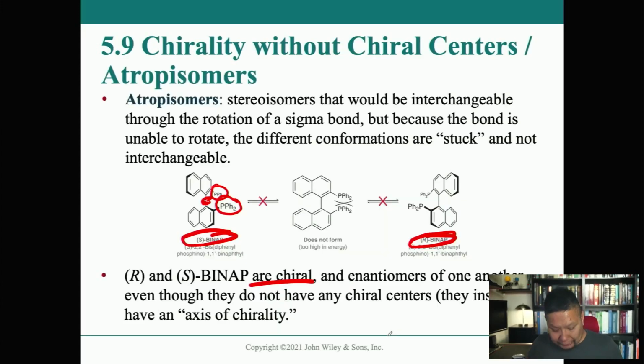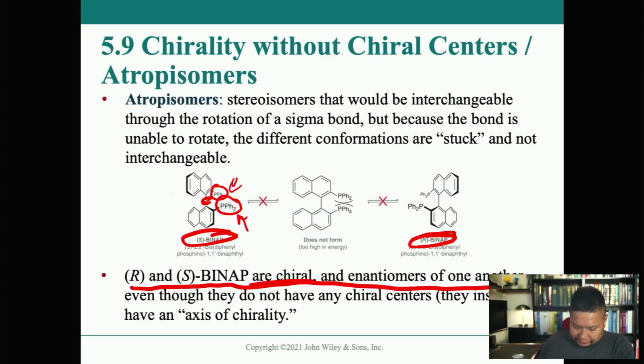In BINAP, technically, it has a single bond, like in methane, so it can rotate and make it not chiral anymore, technically. But there are groups on it, like these phenyl groups right here, that make it impossible for it to rotate to become symmetrical. And so that's why R and S BINAP are chiral and enantiomers of one another.